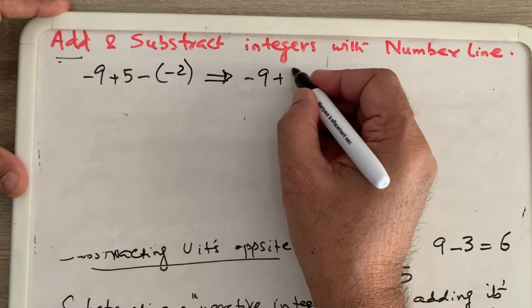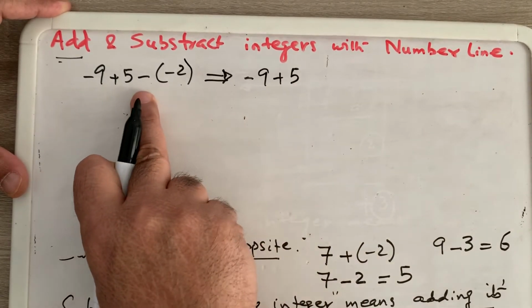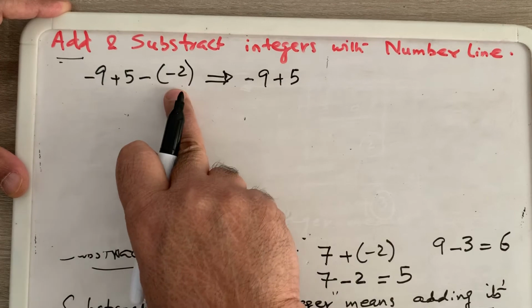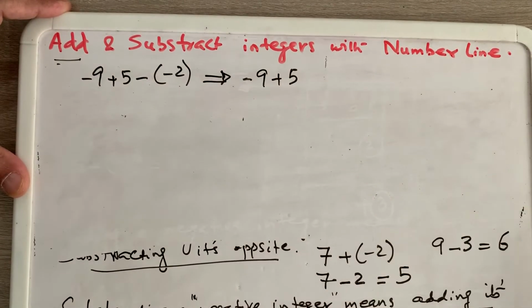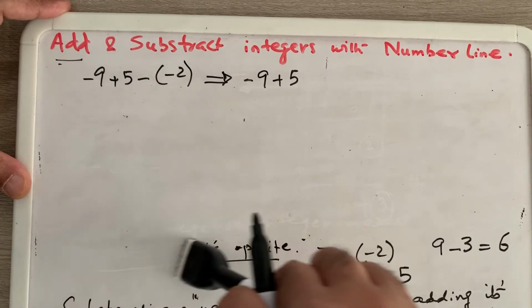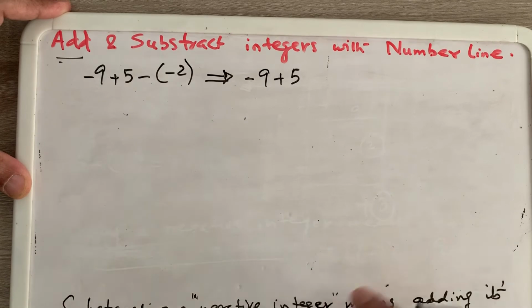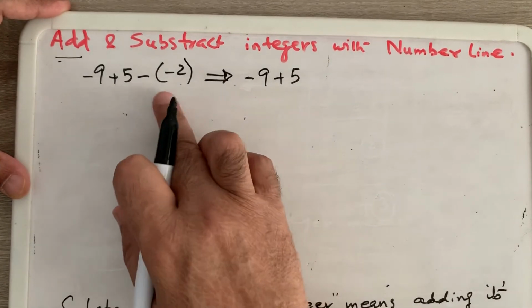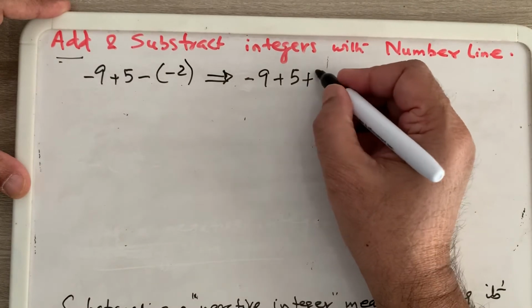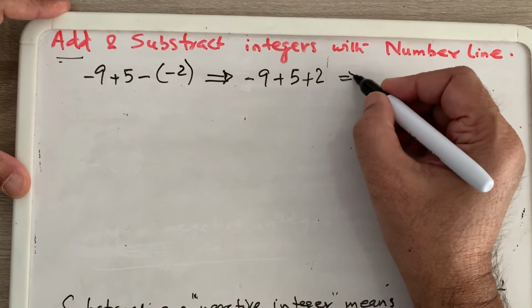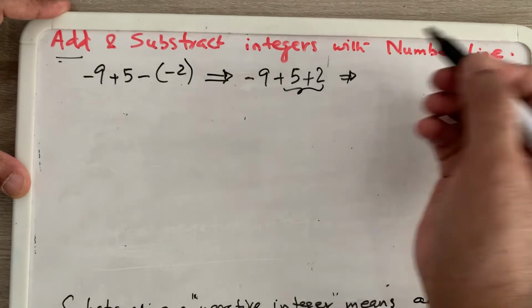Plus 5, I will do that. But first I have to see what it means, minus minus 2. I am subtracting a negative integer. And what is the rule for subtracting a negative integer? We learned it a minute ago. Subtracting a negative integer means adding its opposite. So actually we are adding it.